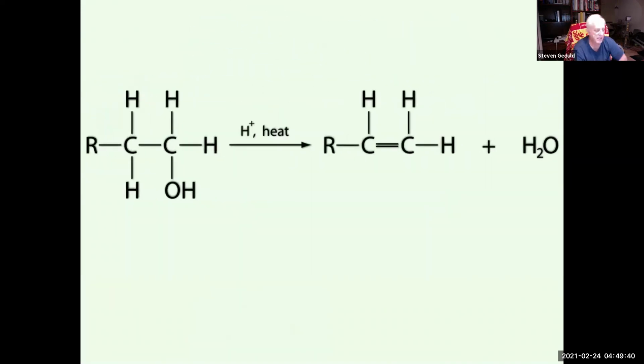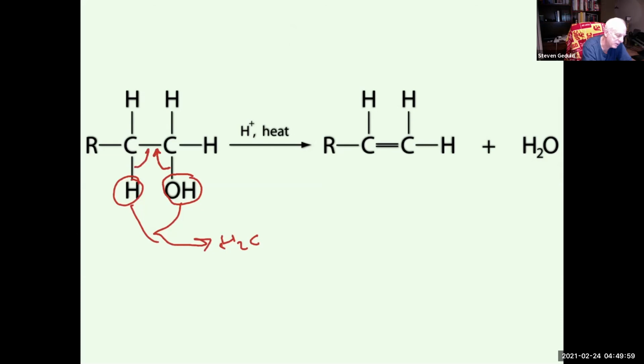All right, let's give an example here. So here's our alcohol. This is our OH, and there's our hydrogen. We're going to get rid of these. They're going to combine to form water. The electrons from the bond are going to swing up into here and form a double bond. So you've gotten rid of the water. You've taken OH and H away.